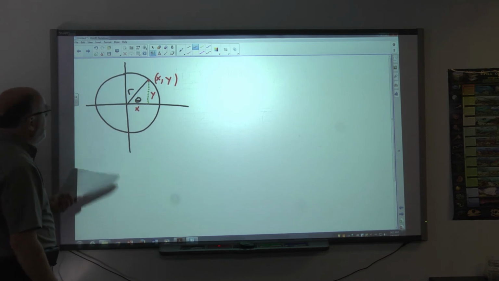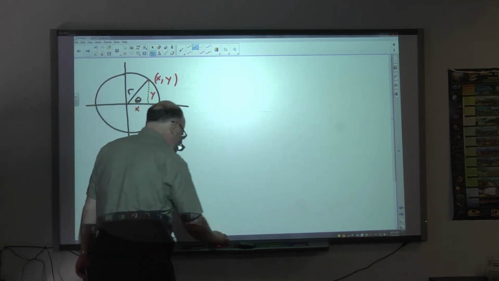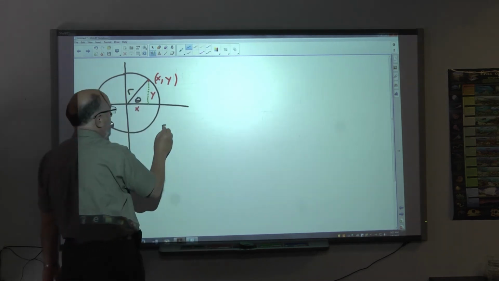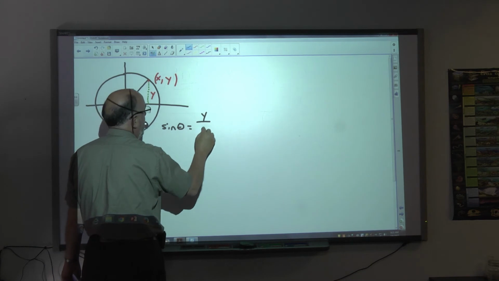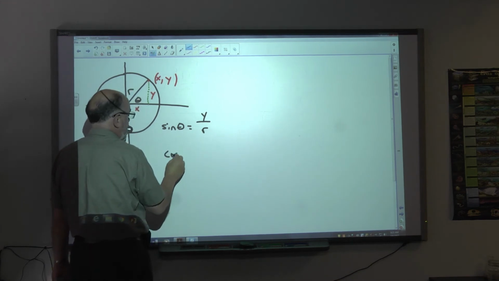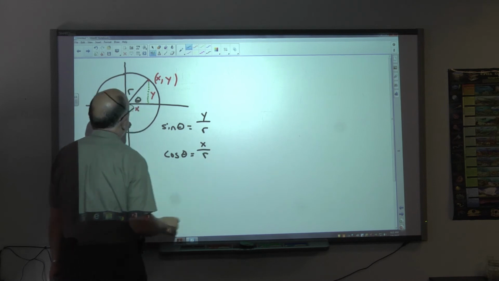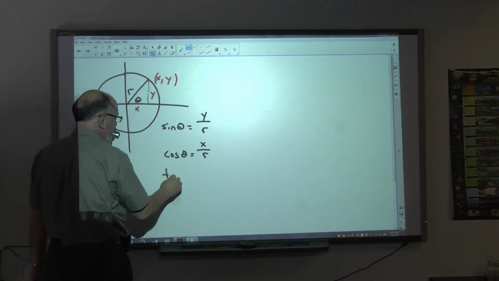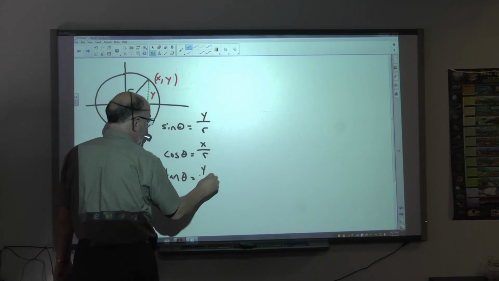And so I can rewrite my trig functions now in terms of this. And so we would have that sine theta is going to be given by y over r. Cosine theta is given by x over r. And tan theta is given by y over x.